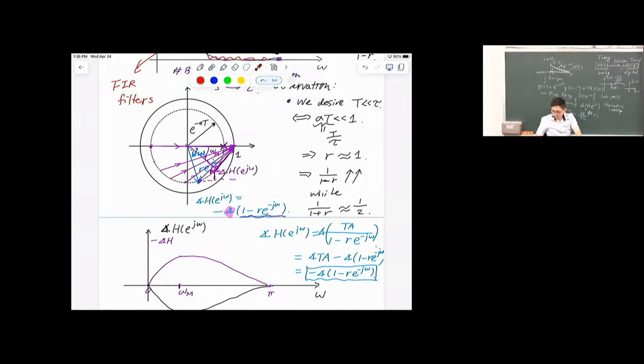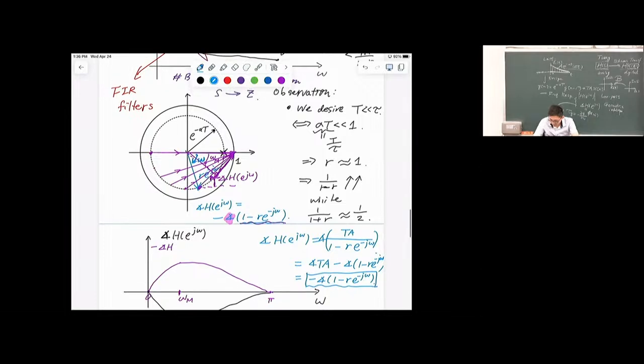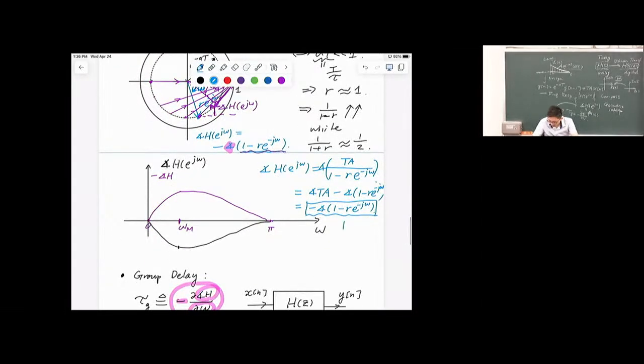In the textbook, somebody asked me whether this angle has a closed form expression. The answer, of course, is yes. You can express it as negative arctangent of the imaginary part divided by the real part of this complex number.